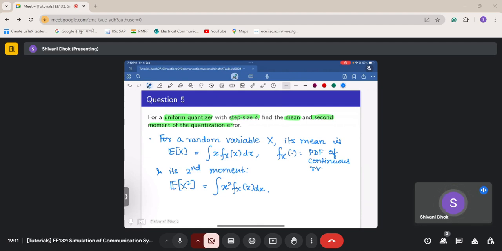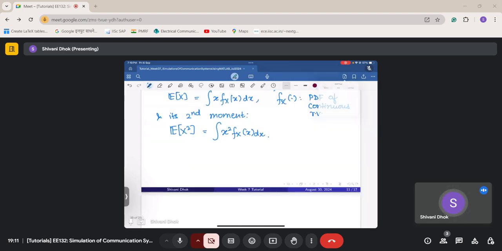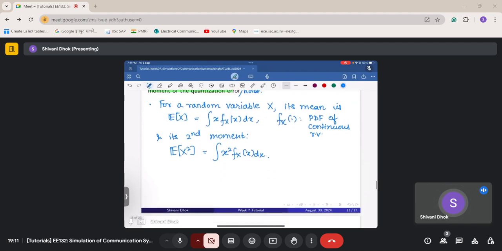So what we need to find is the mean and second moment of the quantization error, or your quantization noise. Both are the same. In the lectures we have referred to it as quantization noise. Okay, so let's start. But before that, let us understand what kind of random variable this quantization noise is.